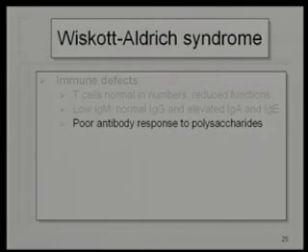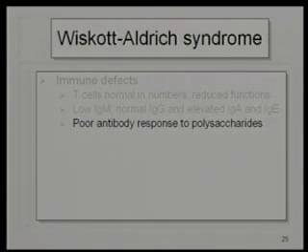They respond poorly to polysaccharides. Polysaccharides are T-independent, mostly IgM. IgM is low, and therefore they will not respond so well to polysaccharides. And the consequence of that would be susceptibility to infection where antibody response to polysaccharides is important, and that would be pneumococcal pneumonia.